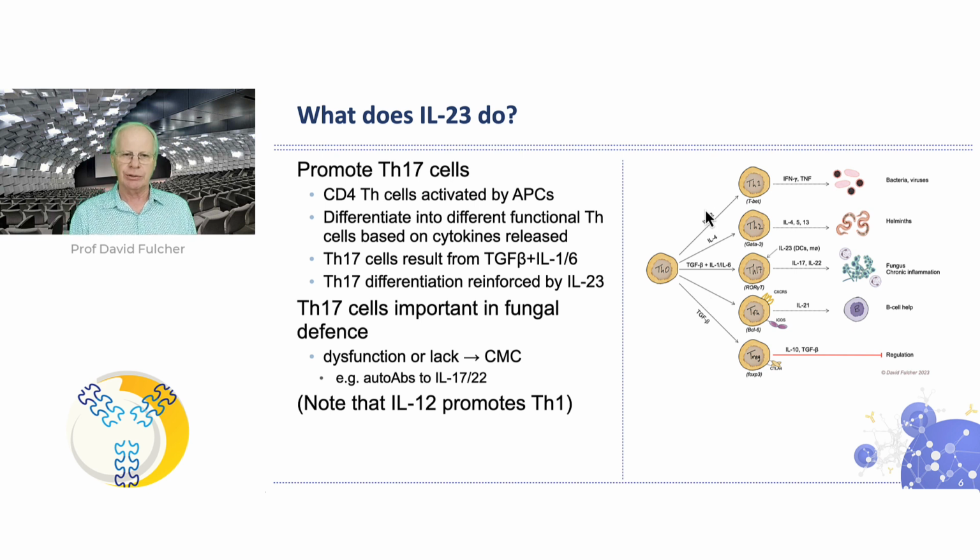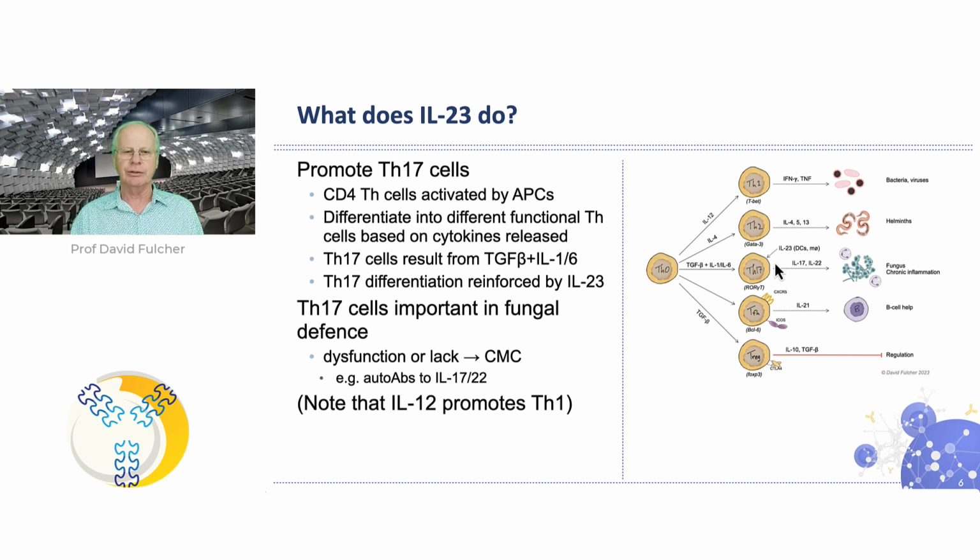So if interleukin-12 is present, they go to Th1 cells, which largely protects from bacterial and viruses, intracellular type infections, and that's relevant to today's talk. They can go to Th17 cells to protect from fungal infections, and they do so under direction of TGF-beta and interleukin-1 or interleukin-6. And you will see here comes interleukin-23. And although it doesn't promote Th17 differentiation, it is very important for maintaining and sustaining Th17 cells.